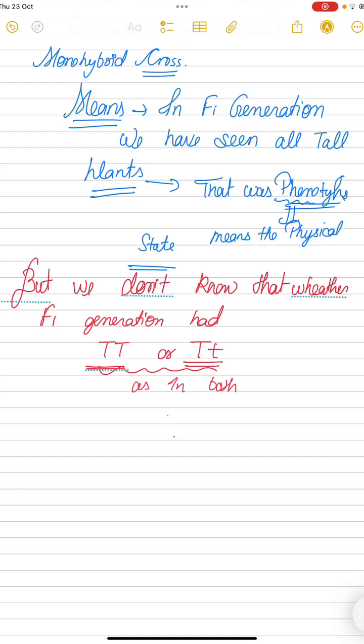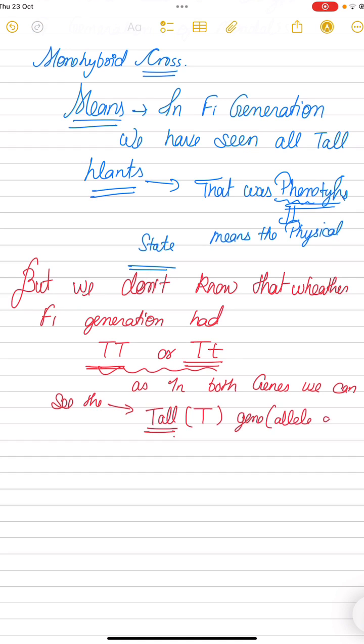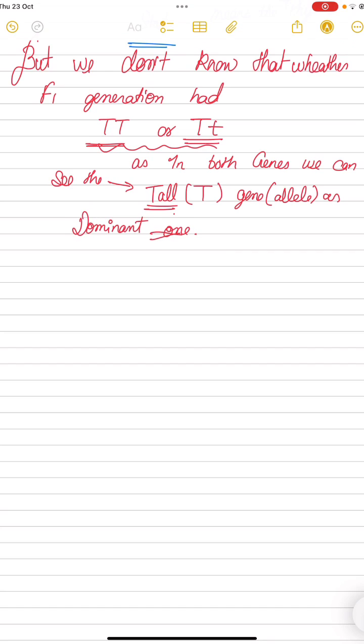In both cases the dominant gene, the big T, is present, so the tall trait was prominent. But we don't know whether they were homozygous or heterozygous.